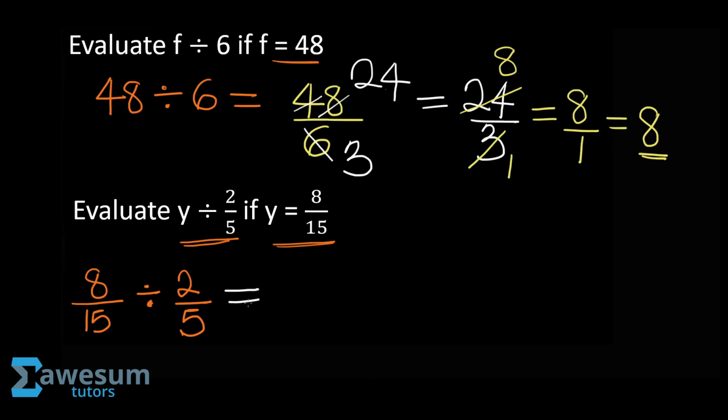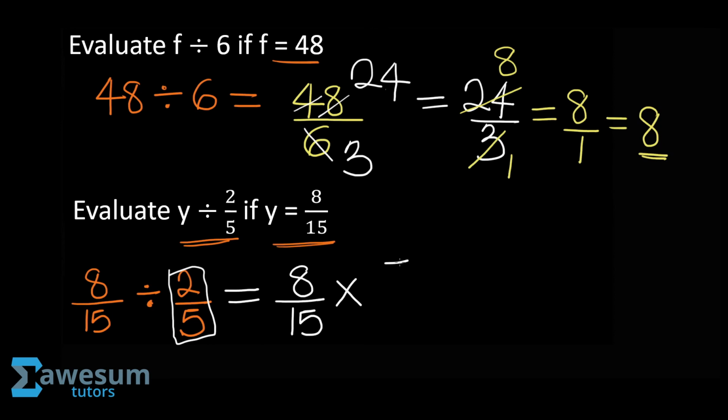In one of our videos, we also looked at the division of fractions. So how do we solve this? We will say 8 over 15, right? Change the division sign to a multiplication sign, and then you would invert this second fraction.